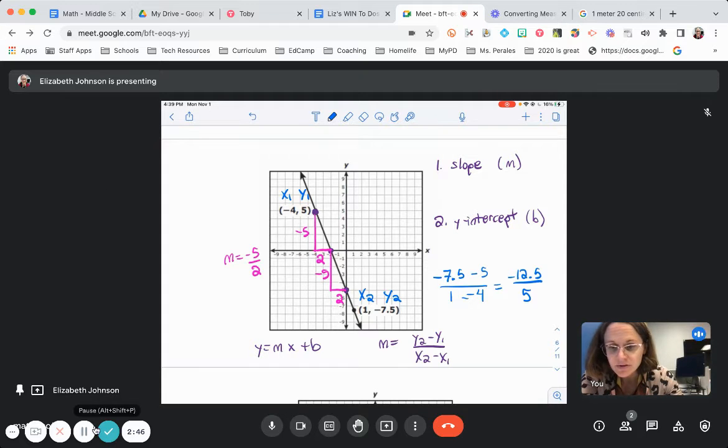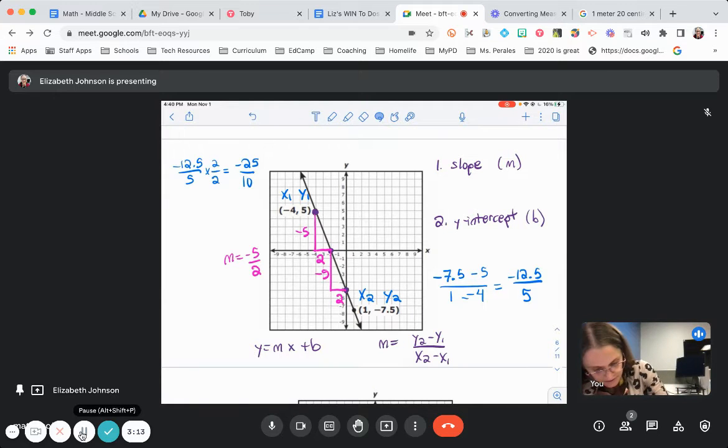I am going to want to simplify that a little bit. At first glance, it doesn't look like it's the same as -5 over 2. I think I'm actually going to make it bigger before I make it smaller, which might seem strange, but bear with me. Watch this. I'm going to multiply both the numerator and the denominator by 2. And now I've got -25 over 10.